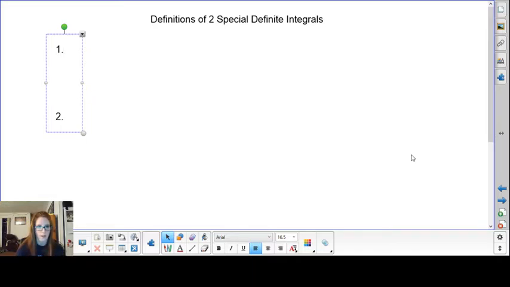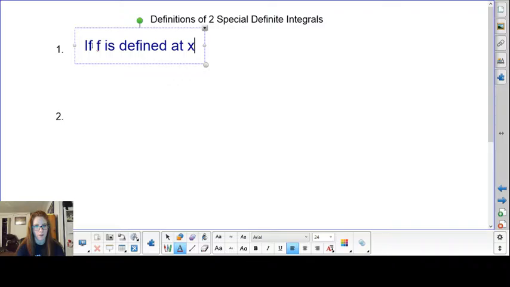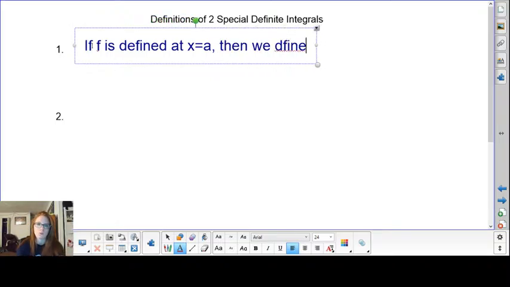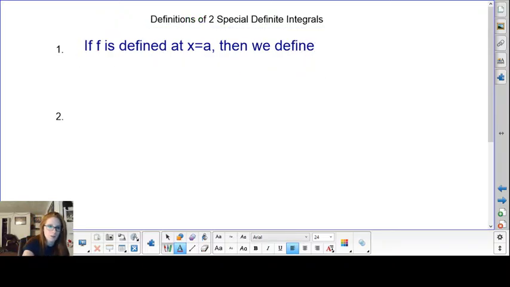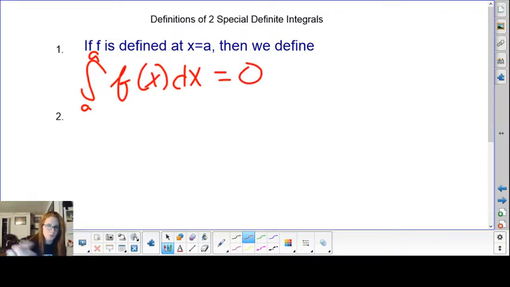The first one says that if f is defined at x equals a, then we define the integral from a to a of f of x to be equal to 0.